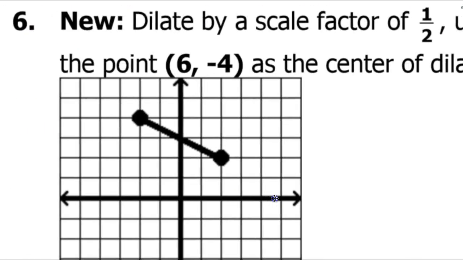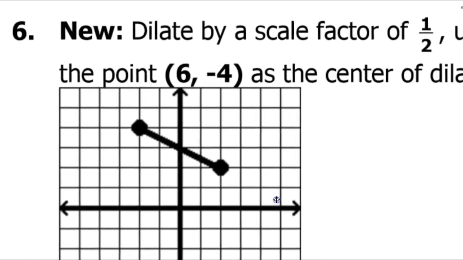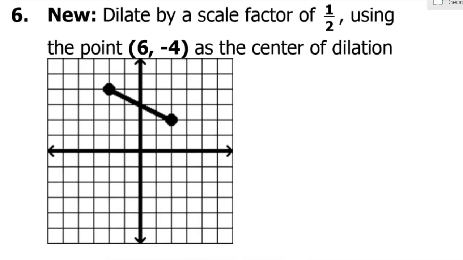It's a little tougher when the center of dilation is something else. I teach a couple different methods of doing this, but I've decided that the easiest method is just to pretend that the point they give you to use as the center of dilation is the origin. So let's see, 6 comma negative 4.